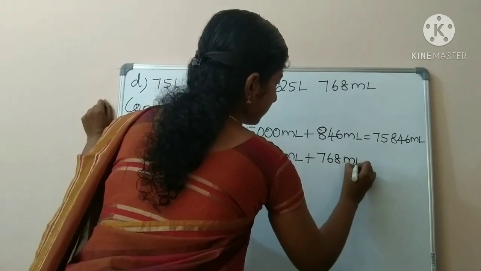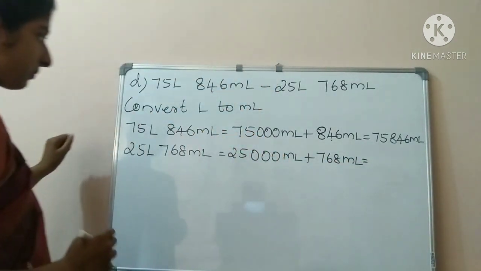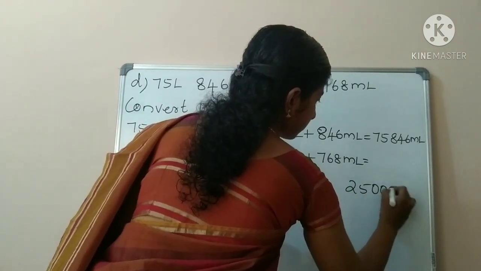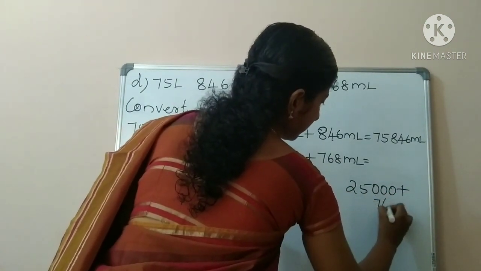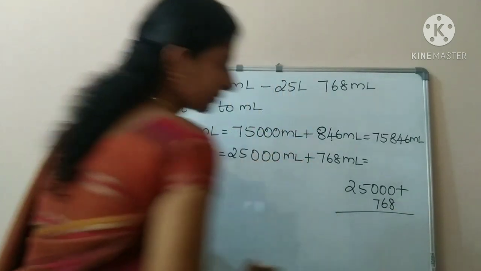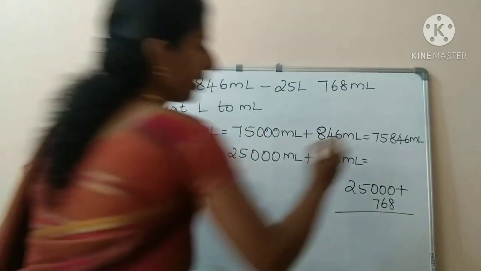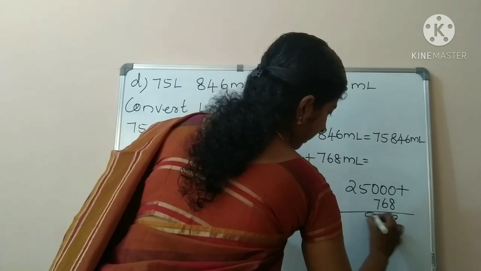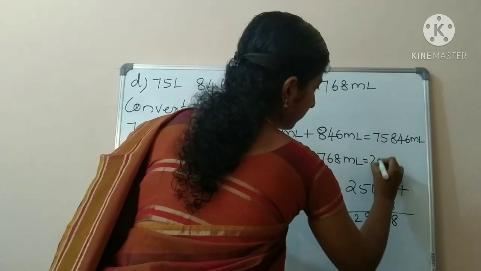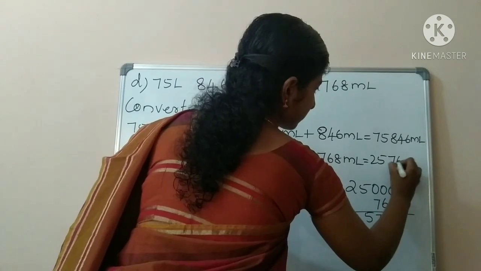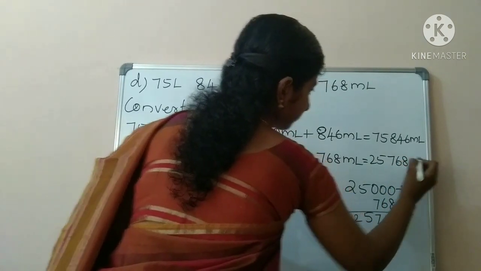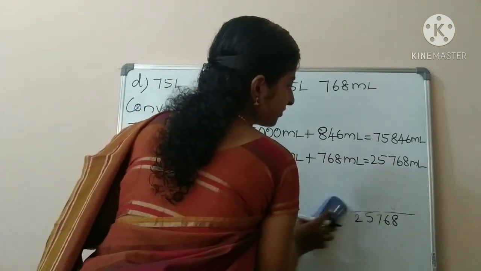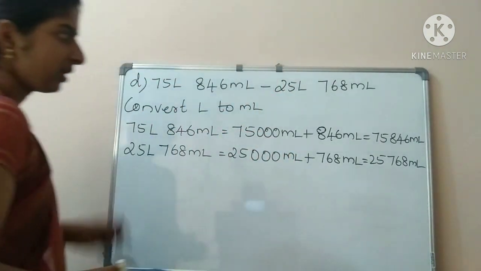768 milliliter is equal to 25,000 plus 768. So, answer is 25,768 milliliter. Okay. Then, here both the answers are in milliliter.